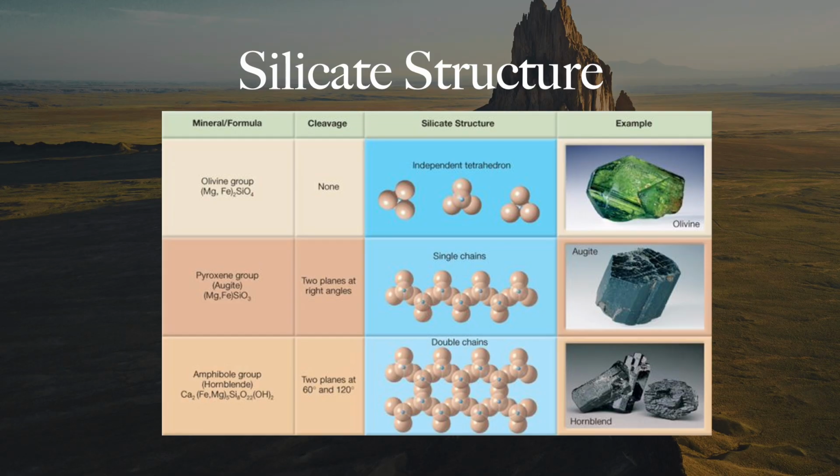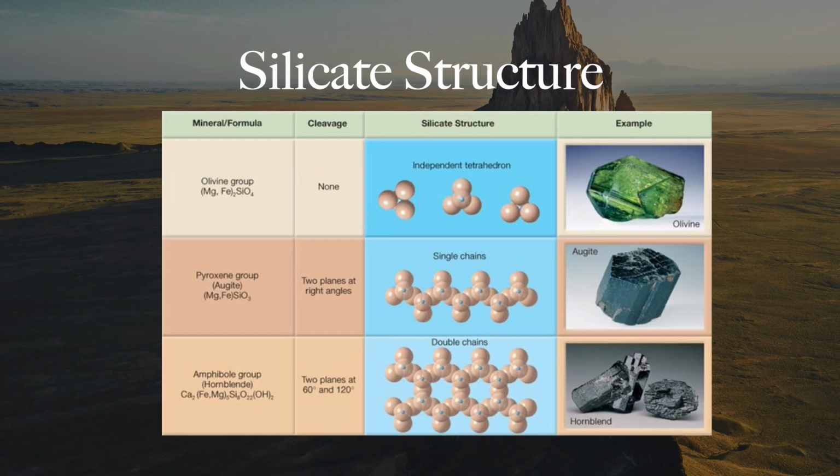They're not bound to one another. Instead, they are connected by an external atom of either magnesium or iron. That will create our chemical formula of Mg2SiO4, or the iron version, and that is our olivine, which is shown here in green.